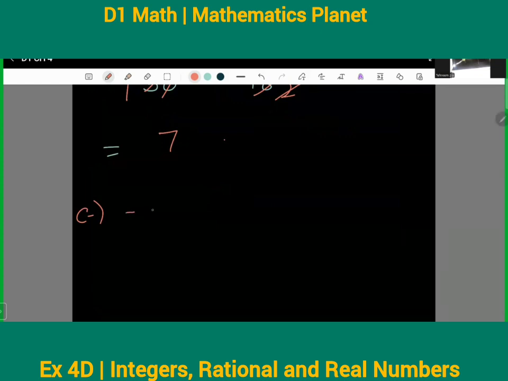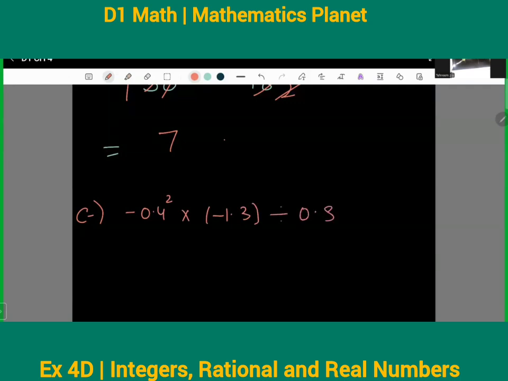C part is saying minus 0.4 square times minus 1.3 divided by 0.8 minus 0.62. First of all, we should know what is minus 0.4 square. On the side, we can do 0.4 multiplied by 0.4, which is equal to 0.16. Okay, so we have minus times minus is plus.